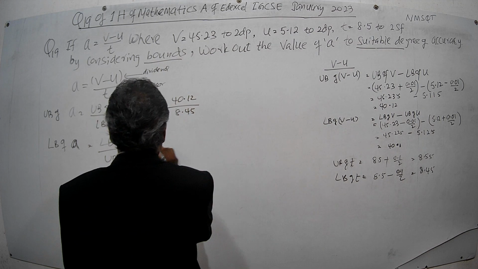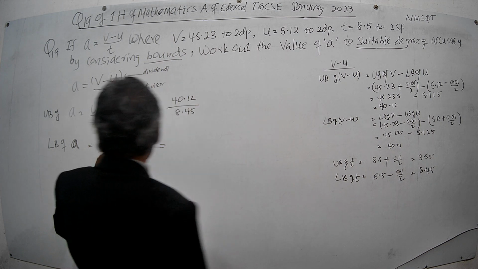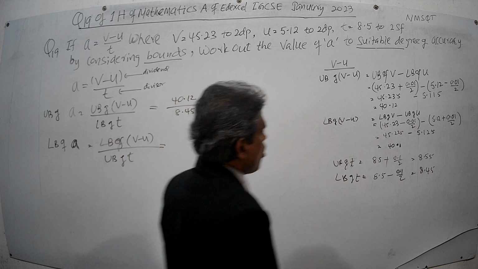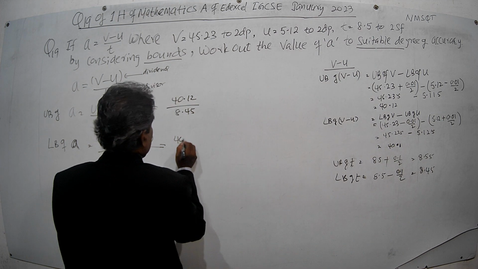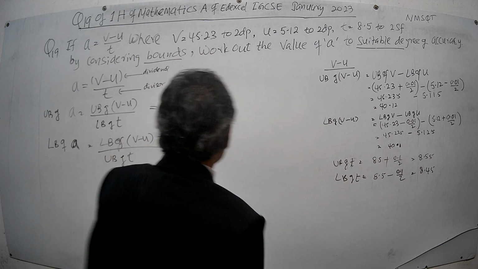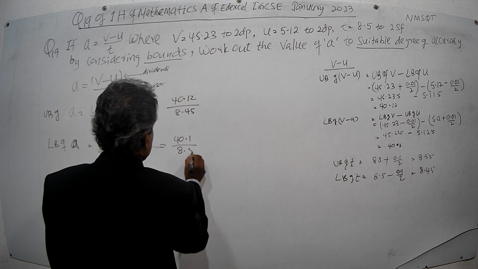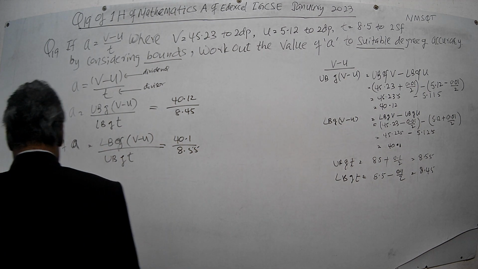Then the lower bound of A is the lower bound of V minus U, that is 40.1, divided by the upper bound of T, which is 8.55. Right.